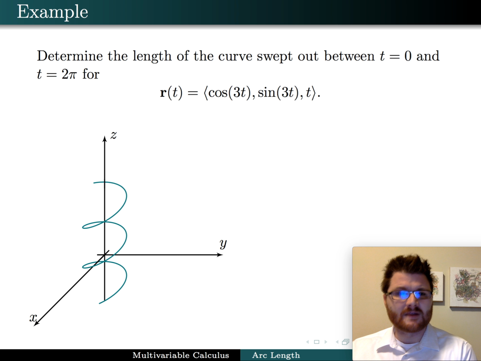Okay, so let's look at an example. Take a moment and see if you can figure out the length of the arc between where the parameter t is 0 and the parameter t is 2 pi for this helix that we've considered before. That's sort of corkscrewing up the z-axis.